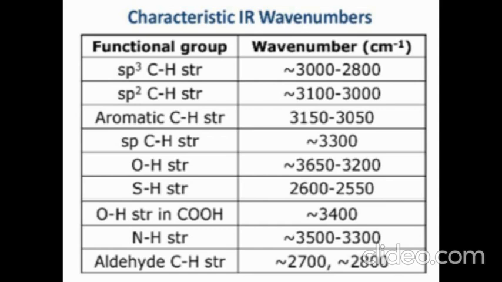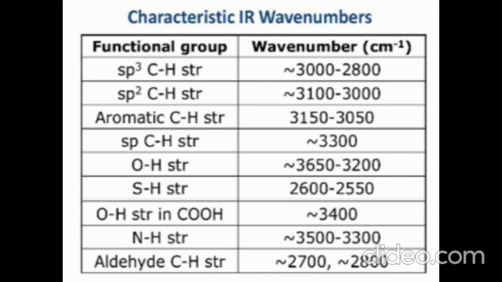It will come a little down. NH stretching also comes in this zone, between 3500 to 3300. The aldehyde also has a very characteristic CH stretching that comes approximately at 2800 to 2700 centimeter inverse.